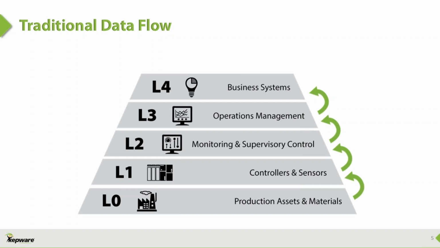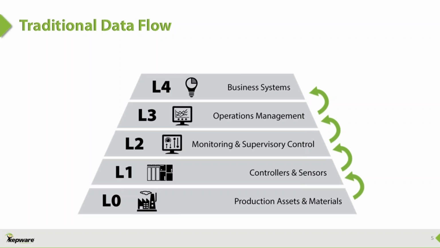This is a diagram similar to the ISA 95 model, where data flows from your production, your assets, up into controllers, being PLCs and different types of sensors and things like that, into your HMI, SCADA type applications for visualization and control of those devices and some of the operations, and then into more of your manufacturing operations management applications, MES, manufacturing execution systems, and then into your business systems.